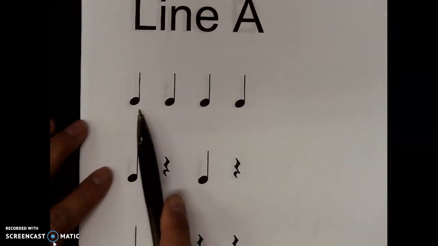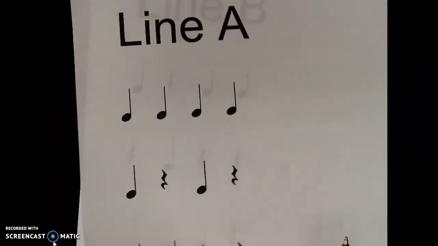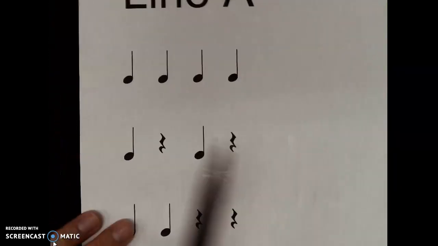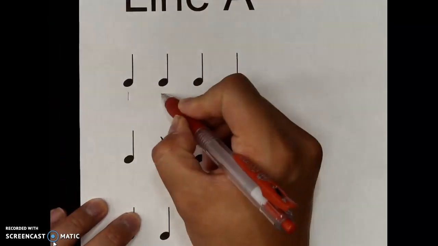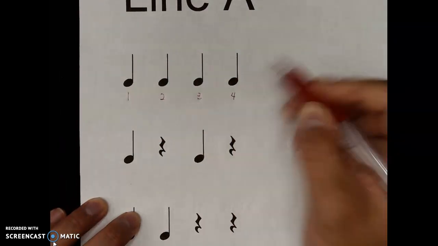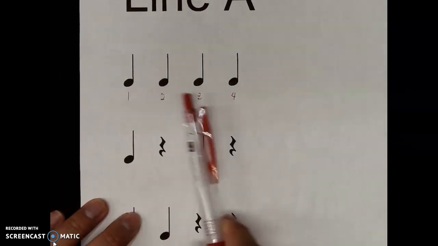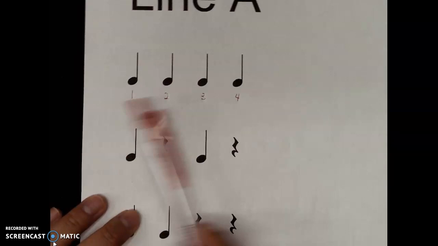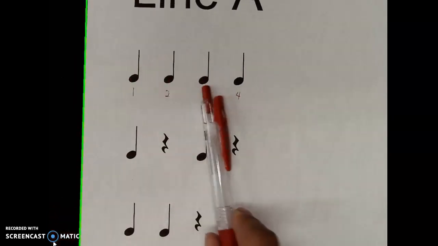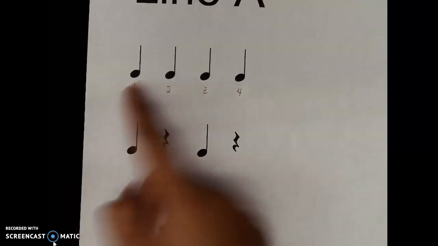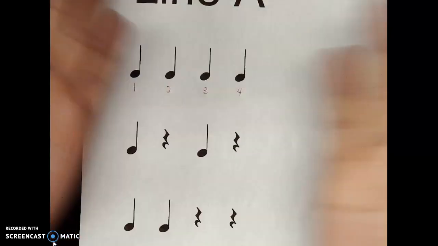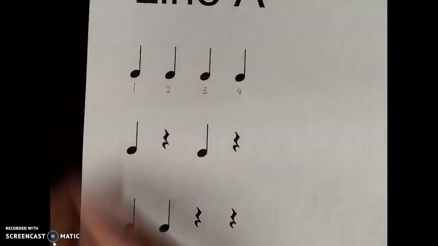Here's an example. Let me move the paper in the back so you can't see it. This is beat 1, 2, 3, 4. You would sing or clap or play the instrument for each beat. So let's clap and do this. Ready, go. 1, 2, 3, 4.